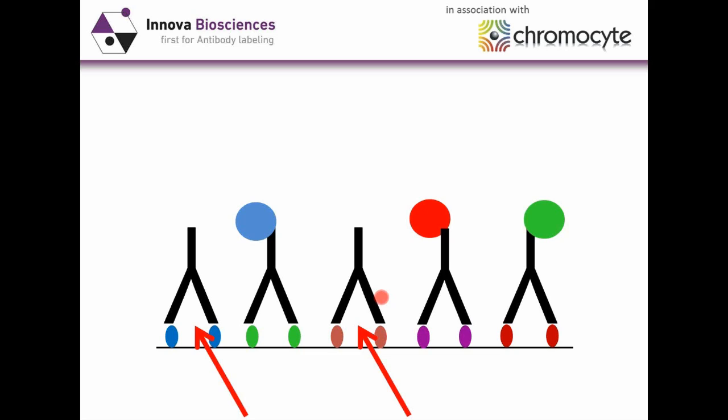They have antibodies available to each of those, but only 3 of them are available directly conjugated in commercial forms. 2 of them are only available in an unconjugated format, and that gives them a real problem in determining how they're going to undertake a multicolor experiment.